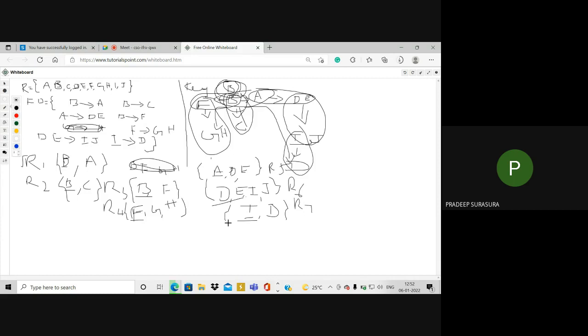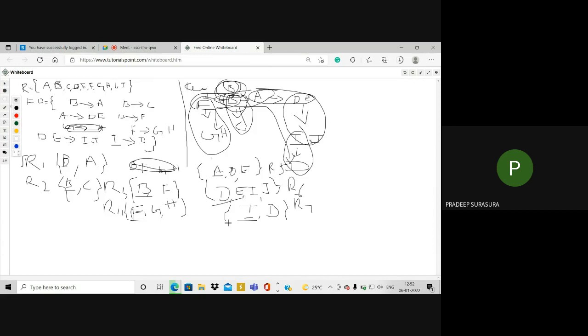Since B determines A, B determines C, B determines F, they are all fully dependent on the primary key. So R directly satisfies second normal form. This is one of the easiest problems, I feel, because in the VTU paper I don't find R directly satisfying 2NF. This is very important, understand.